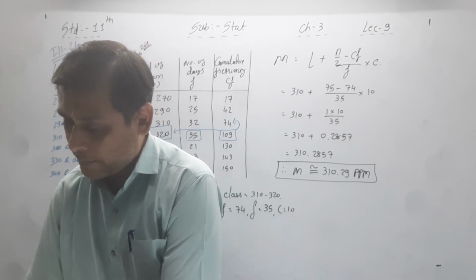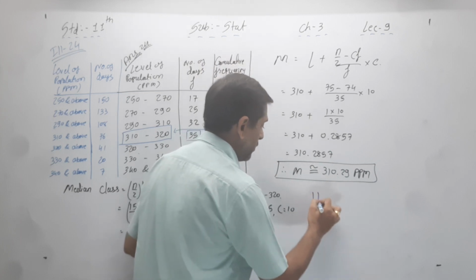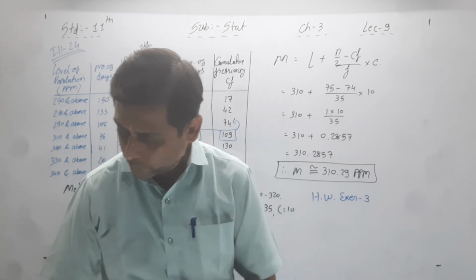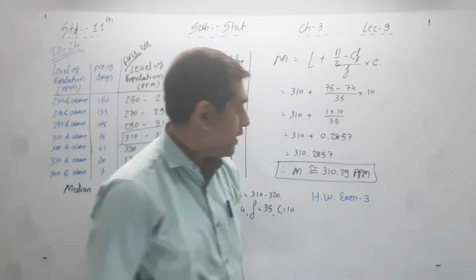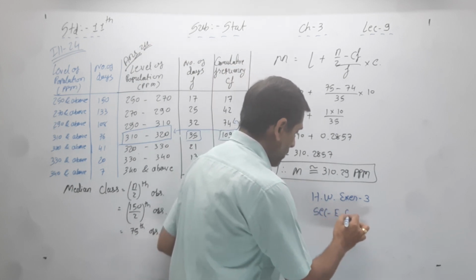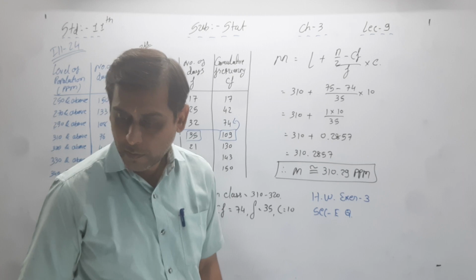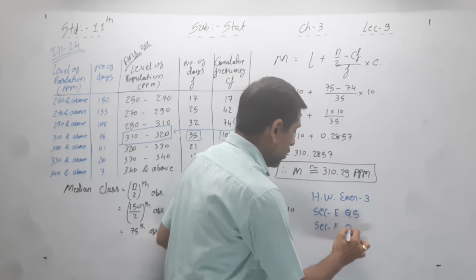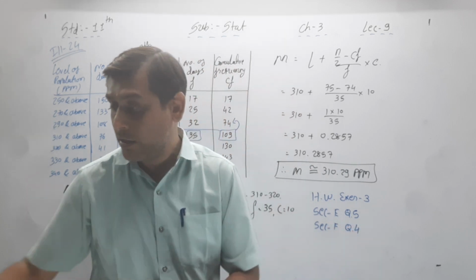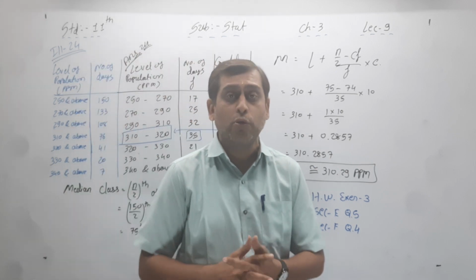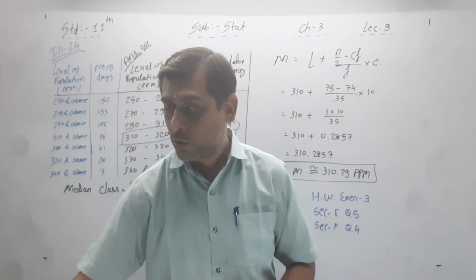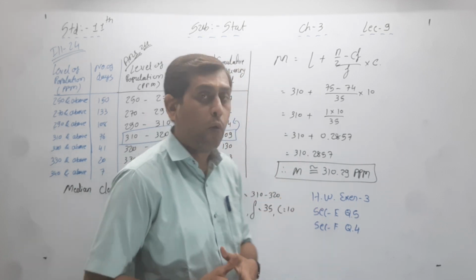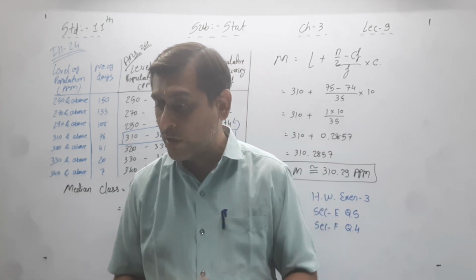Now in exercise 3, please write down the homework: section E, question number 5, and from section F, question number 4. In question number 4 you have to find both the mean as well as the median. So you have to do question number 4 and question number 5. This is your homework. Please write down this homework first of all.